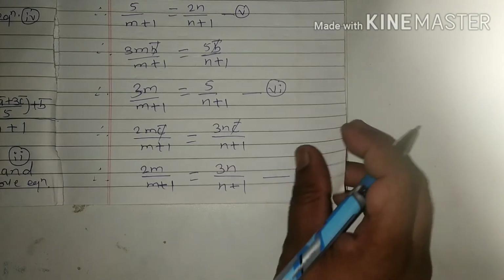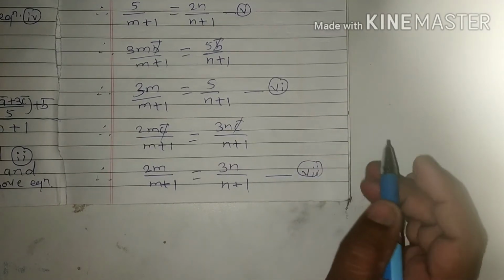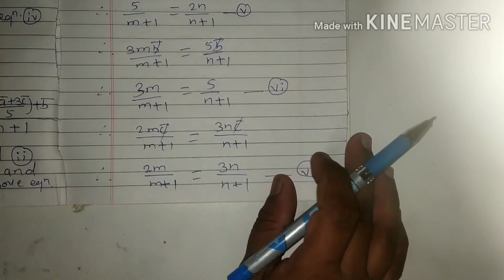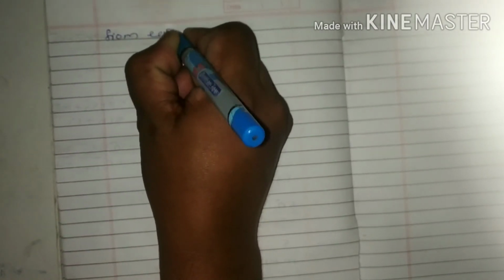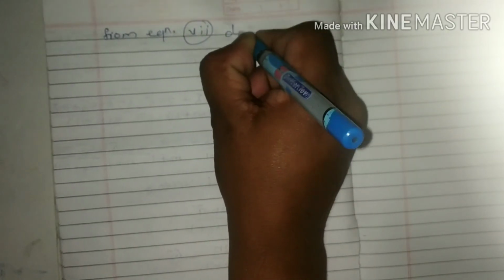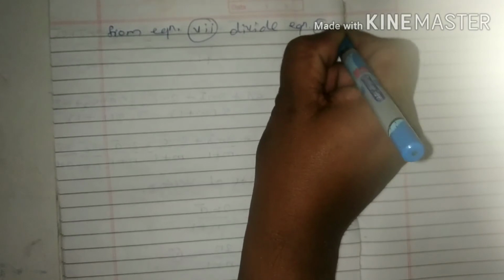Observe all the above equations. From equation 7 divide equation 5.